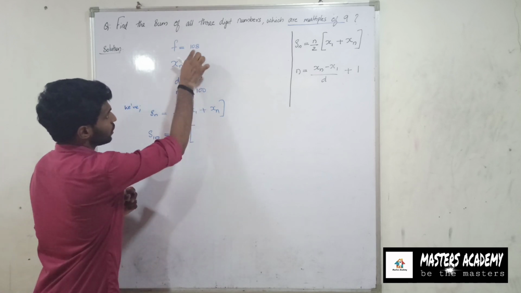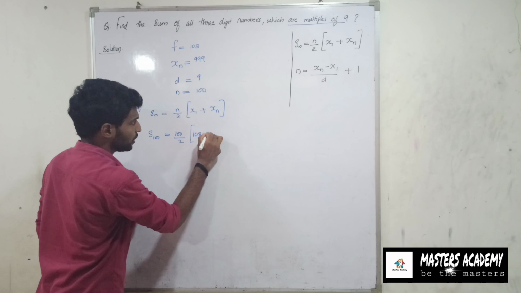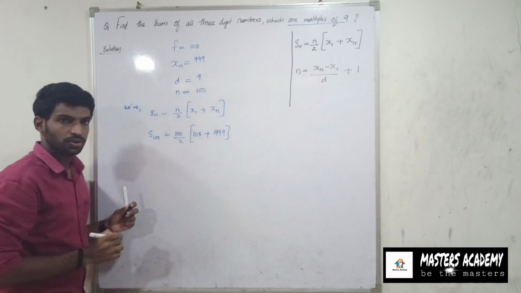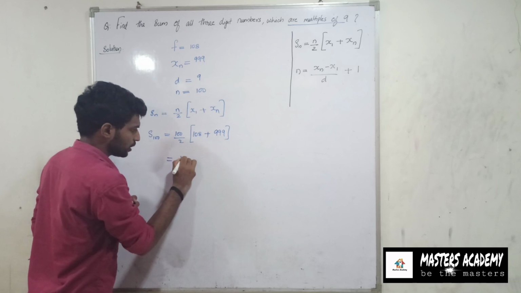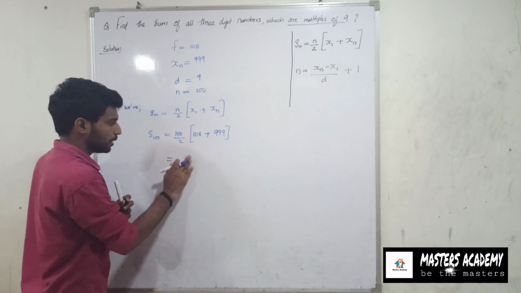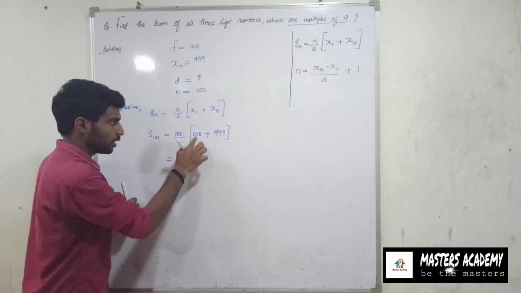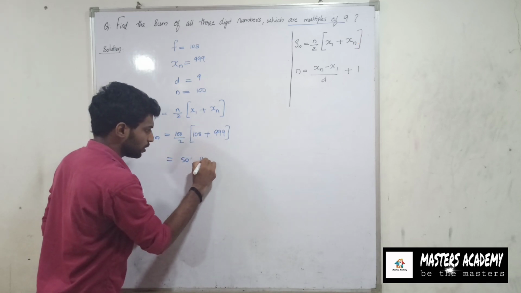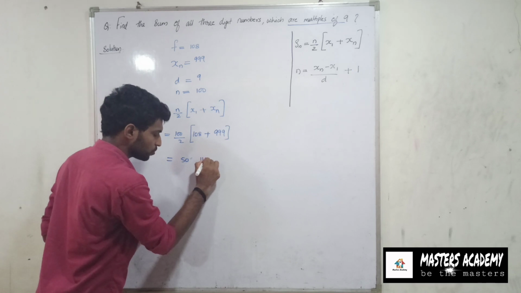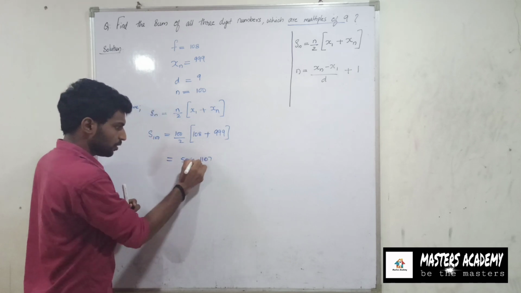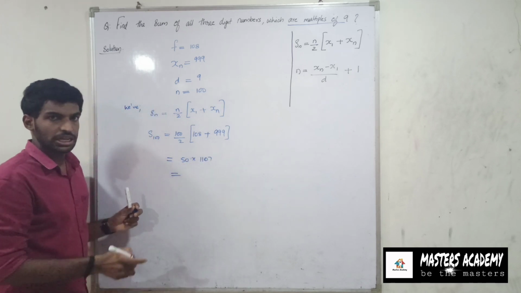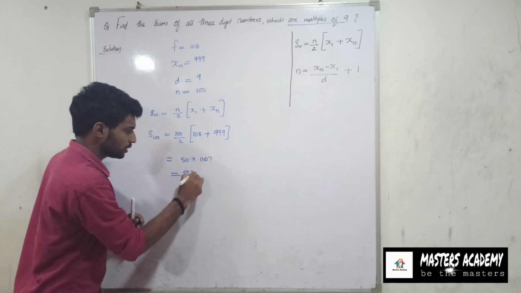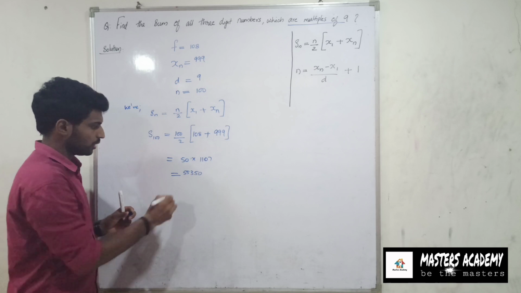Into x1, 108, plus xn, that is 999. Equals 100 by 2, which we can write as 50, into 108 plus 999, which gives us 1107. We have to multiply these two terms. If we multiply them, it becomes 55350. This is our answer.